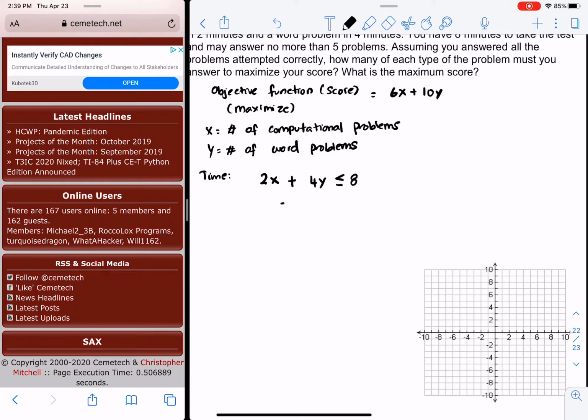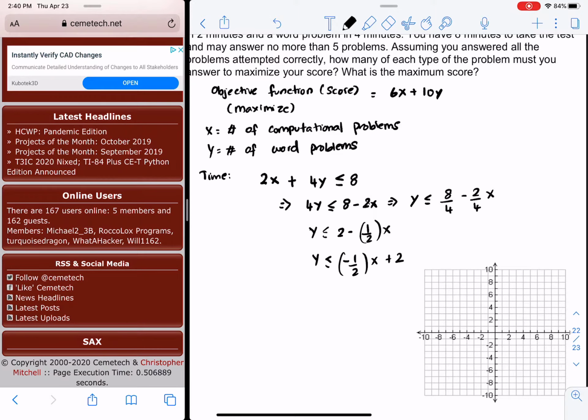If I rewrite this, I would have 4y less than or equal to 8 minus 2x. Divide by 4 on both sides, y is less than or equal to 8 over 4 minus 2 over 4 x. So y would be less than or equal to 2 minus 1 over 2 x. And in slope-intercept form, we have minus 1 over 2 x plus 2.